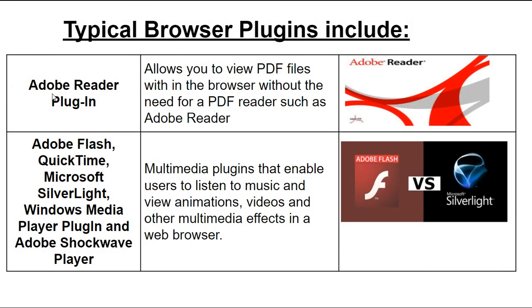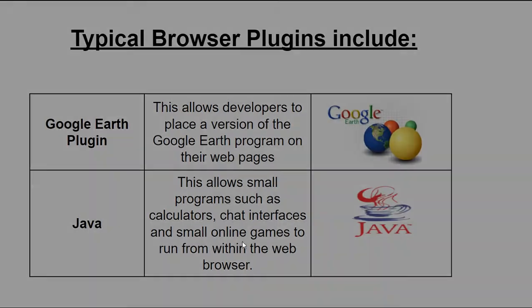So some examples: Adobe Reader plugin. This will allow you to view PDF files when you're in the browser without the need of a PDF reader like Adobe Reader. Adobe Flash and some of these other ones will allow multimedia plugins, so you can listen to music, view animations, videos, and other multimedia effects when you're in the web browser.